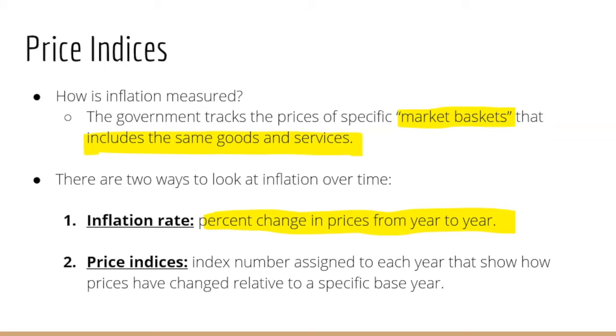An index is just an index number, a number ranging from 0 to whatever, that shows how prices have changed relative to a specific base year. In other words, with price indices, we choose one year, a random year, to be the base year that we compare all other prices and all other years to.